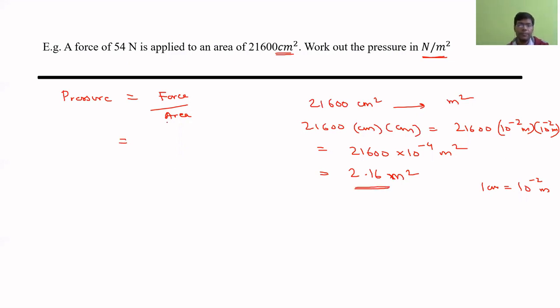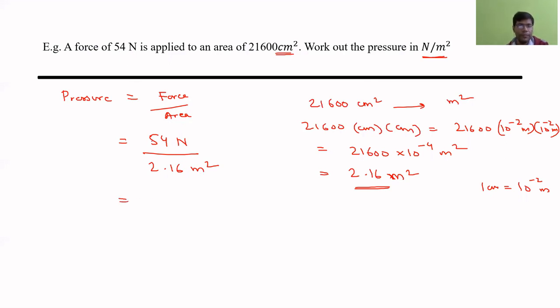Now I can directly get the pressure in Newton per meter square. I have 54 newtons as force divided by 2.16 meters square. So this is my given force, 54 newtons, and this is my area.